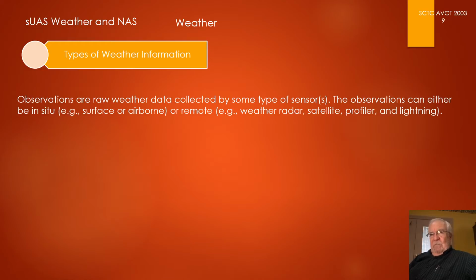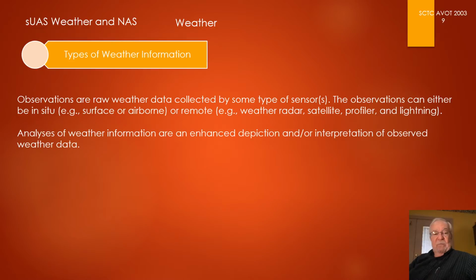This information is automatically collected and transmitted into the system on encoded reports, so we can all understand it. Forecasters use those to come up with their forecast. They see the observations, and then they can make predictions about what may happen in the future.